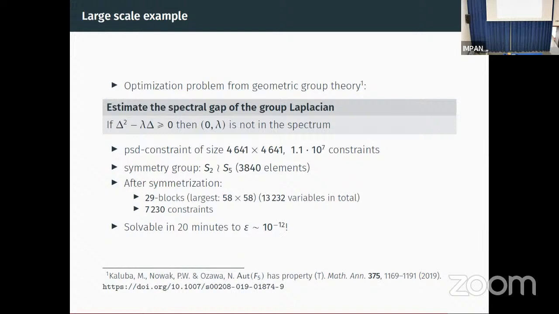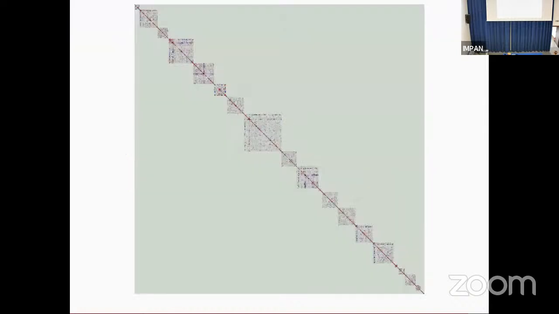To put this into some picturesque perspective, this is the largest 58 by 58 block. You have a bunch of smaller ones, everything outside the diagonal is 0. So this is what we are optimizing.